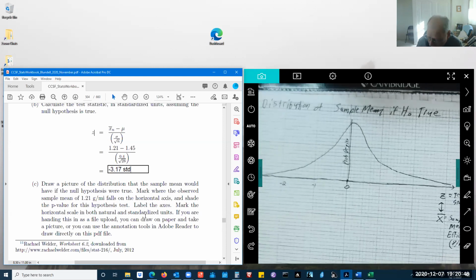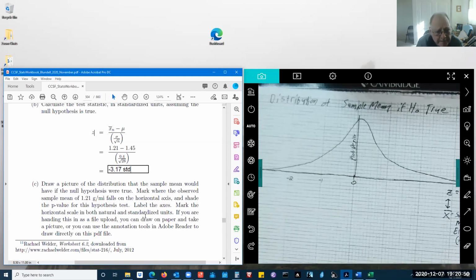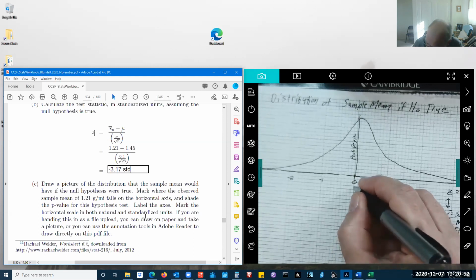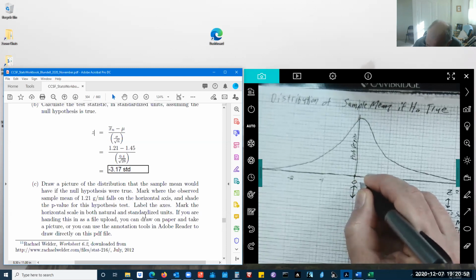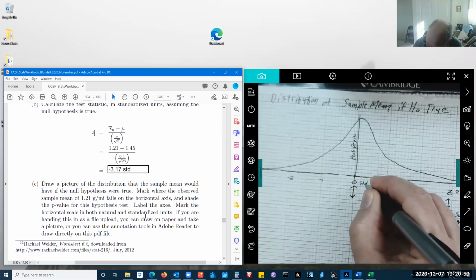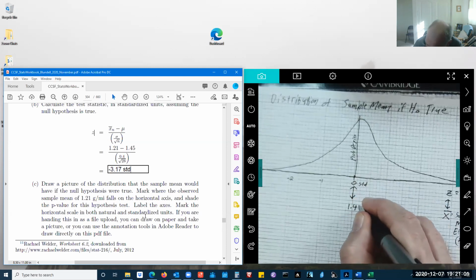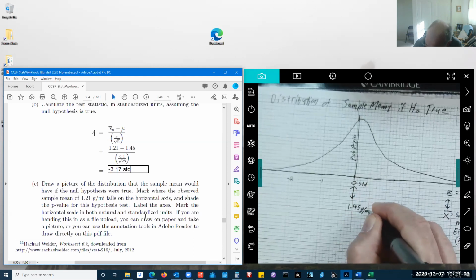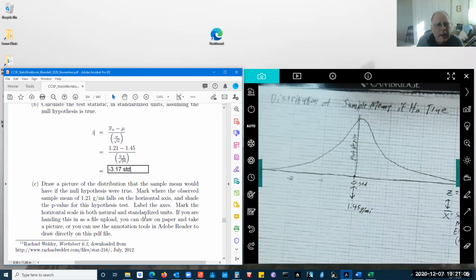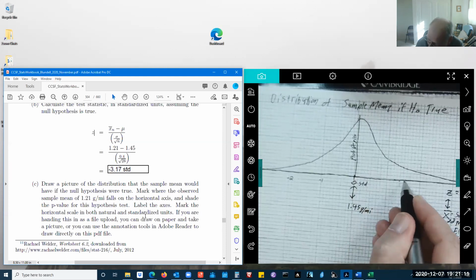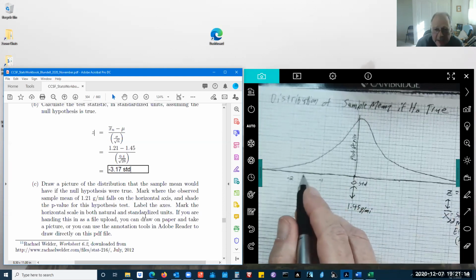Okay. Now, if the null hypothesis was true, 0 STDs would convert to 1.45 grams per mile. And whenever you get a sample of 28 cars, you'll get a point somewhere along the axis here.